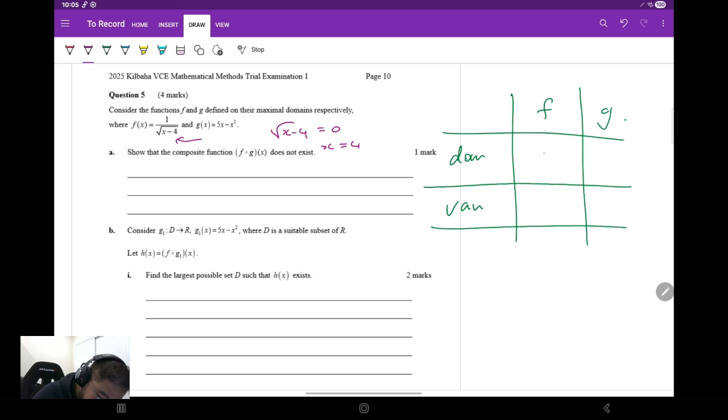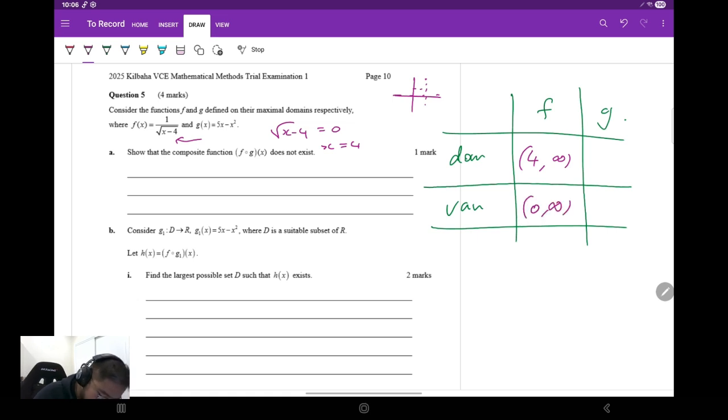So the domain is from 4 to infinity. As a result, we need to think about the range, and since it's got that asymptote there, the range is 0 to infinity, not inclusive.